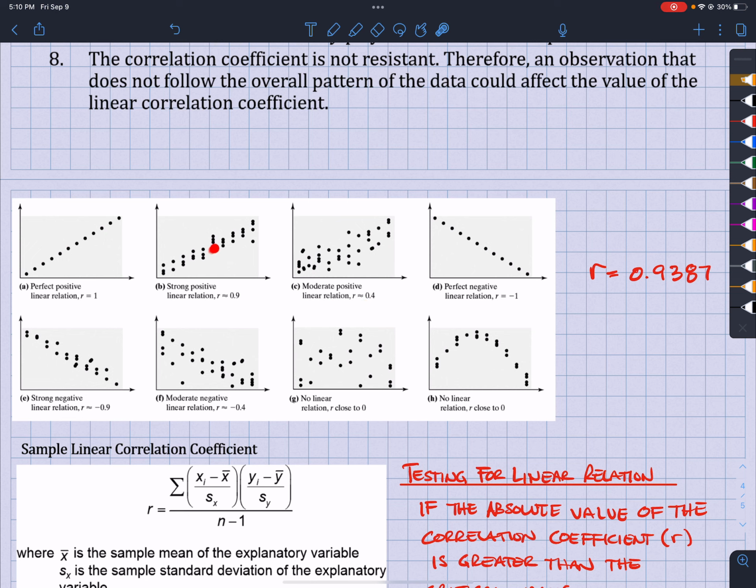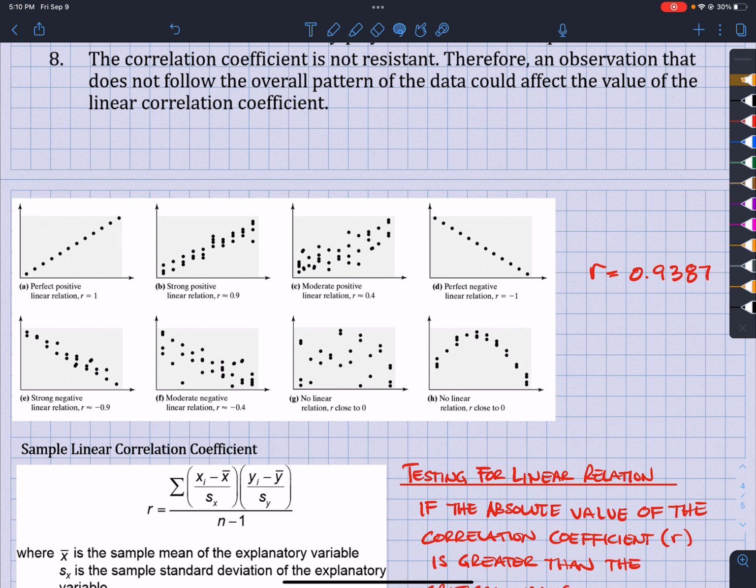But if you notice, if I was to draw a line in here, let's say I draw a line right here, right? The separation of the points from this red line is minimal, right? While if I put it over here, then you can see that the separation is a lot more. And that's why the correlation coefficient gets lower, all right?